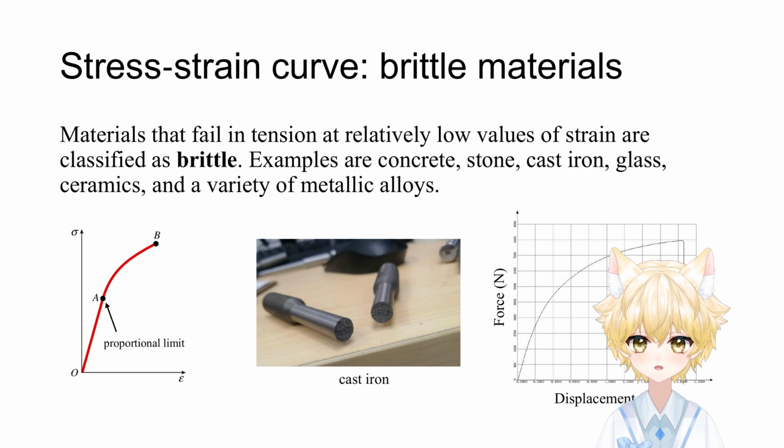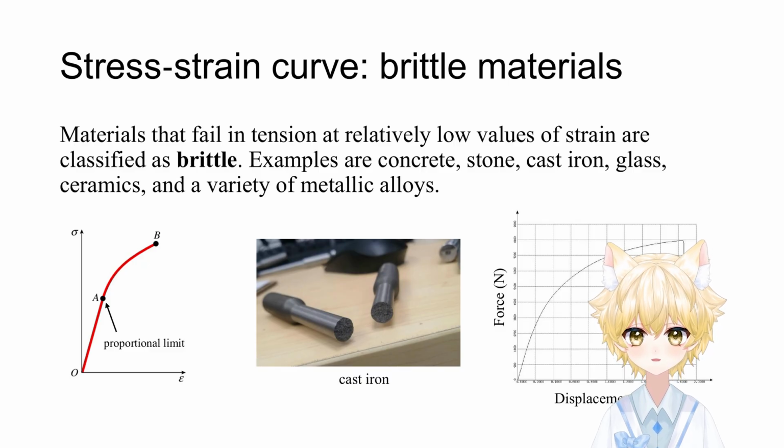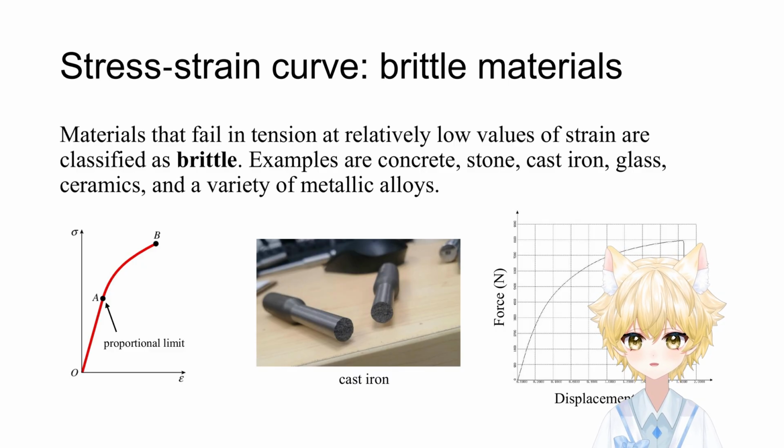Materials that fail at relatively low strain are classified as brittle. Examples include concrete, stone, cast iron, glass, and ceramics. If you look at the stress strain curves of a brittle material, you will notice several key features. First, the curve is mostly linear or only weakly nonlinear. Second, there is very little plastic deformation.